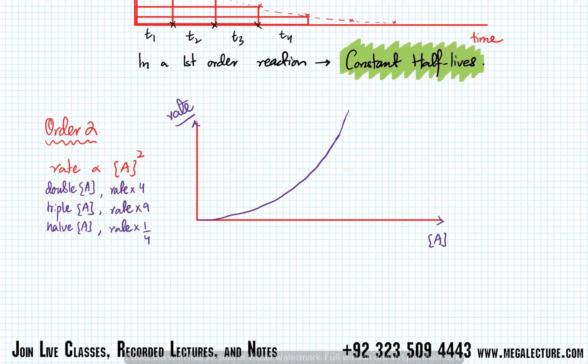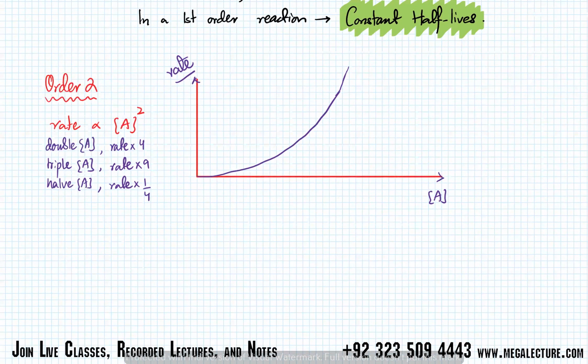Okay, so you keep on increasing A's concentration, the rate increases by a much bigger amount. Achha, in the previous case it was directly proportional. Like if you increase A's concentration, the rate would increase proportionally. But now it's having a much bigger impact. Achha, so now the second graph, okay, the second graph was this one.